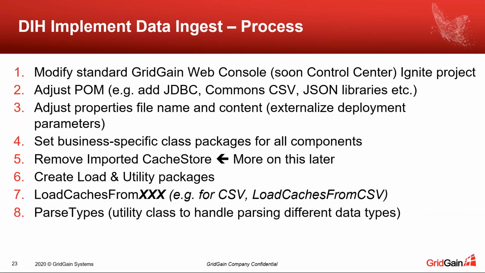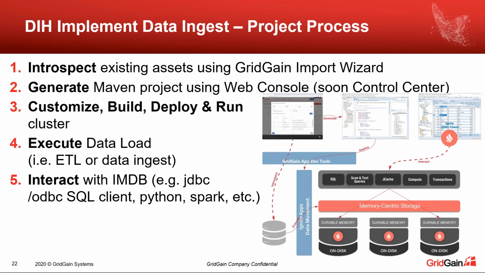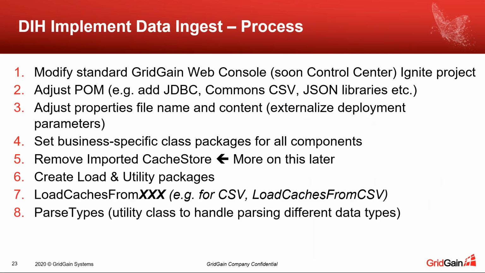However, if we look at the customizations in step 3 here, where you're building it and adding your own logic, what would you do? Well, you would take that standard web console Ignite Maven project and adjust the POM file, for instance, adding JDBC libraries, CSV parsing libraries, JSON libraries, etc. You'd adjust the properties file name, and I'm going to explain why, and the content to externalize deployment parameters.